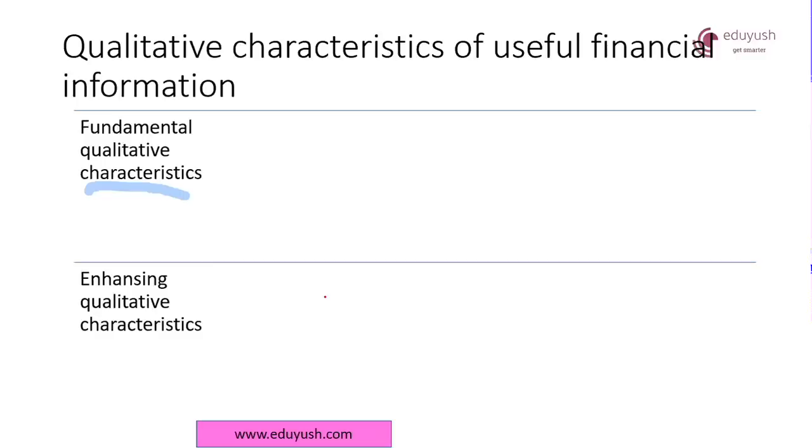That means whenever you present any financial information, it should have certain qualitative characteristics present. What are they? So basically, there are two qualitative characteristics. One is called a fundamental qualitative characteristic, and second is called an enhancing qualitative characteristic.